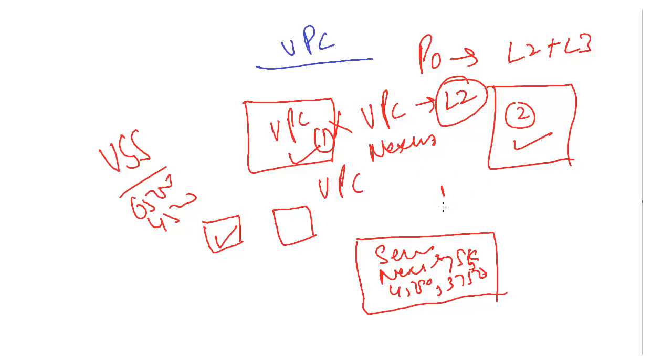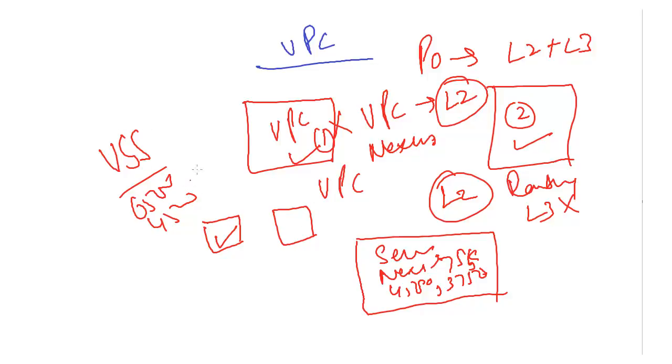Layer 2. This is the rule. You cannot configure routing protocols over it. No layer 3. VSS is only for 6500 and 4500, and it basically combines the control plane or supervisor modules.